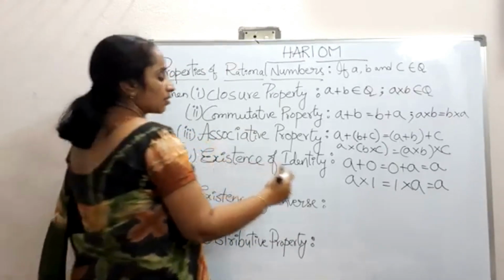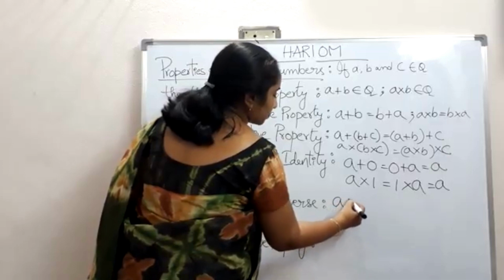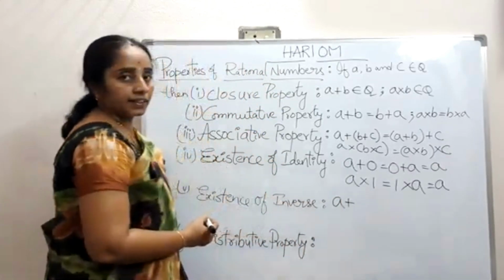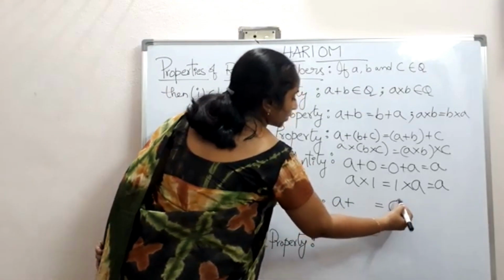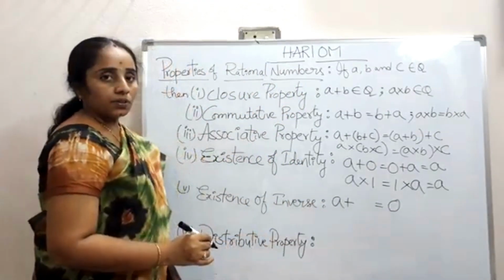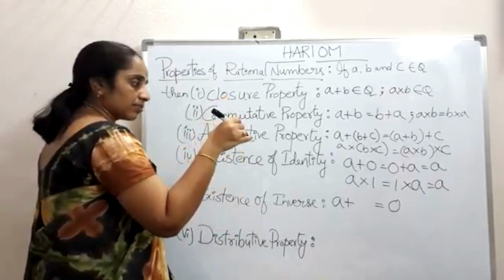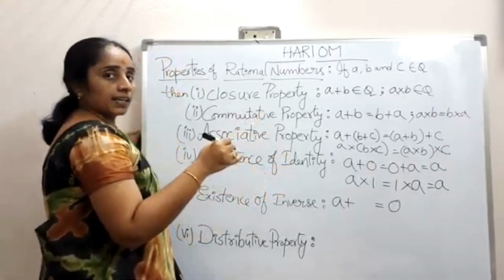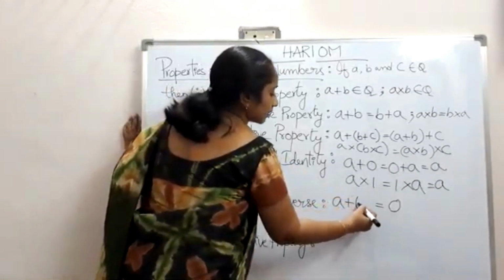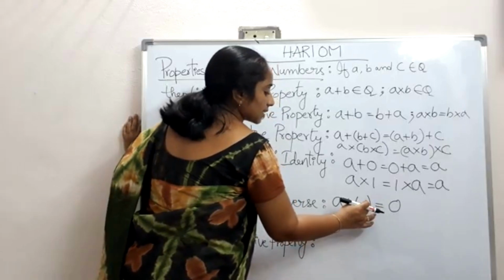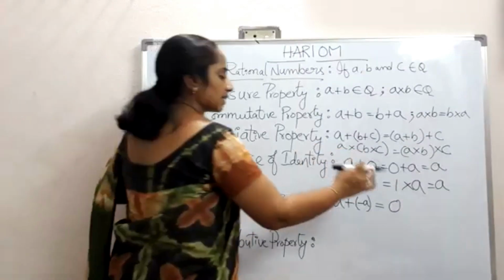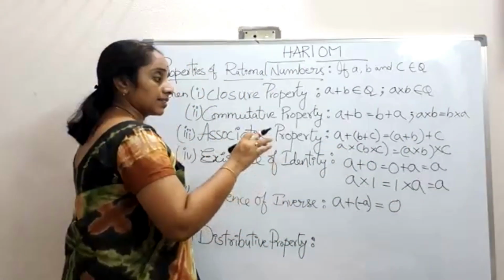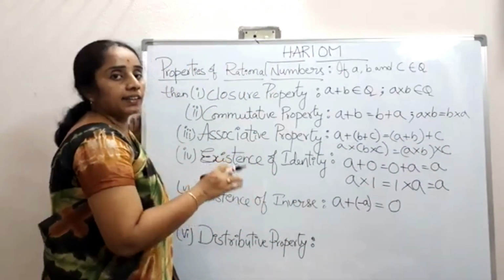In this existence of inverse, I have taken a, and by adding some other number we want to get the result 0. In such a case, if we take minus a, the same number with the opposite sign, then we get the result 0. That 0 is the identity element.